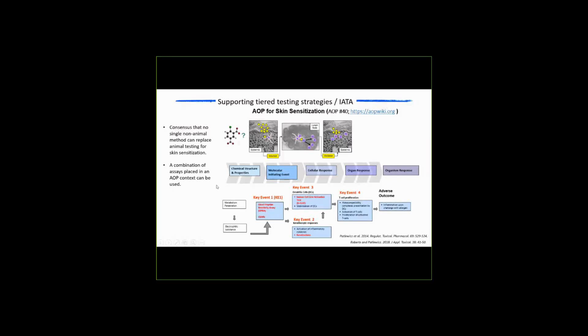In this frame, these alternative assays were placed into an adverse outcome pathway context and then used in an integrative fashion to pull together the weight of evidence that supports the idea that this chemical may act as a skin sensitizing agent. That's one of the ways that AOPs are being used to support so-called integrated approaches to testing and assessment, or tiered testing strategies.